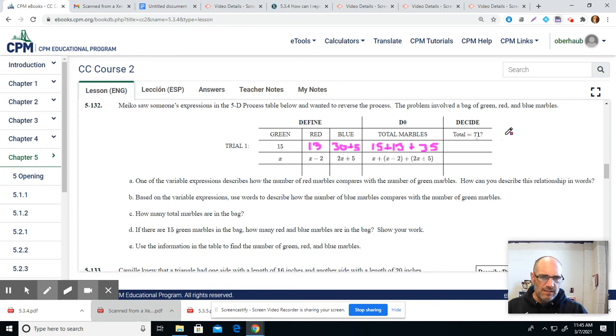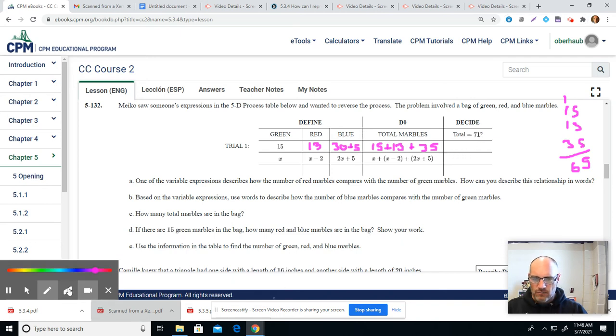If I'm right, the total is going to be 71. Let's add them up: 15, 13, and 35. At least they're all 5s, which makes it easy. That's 15, carry a 1, then 4, 5, 6. So I got 65. I need to get more.